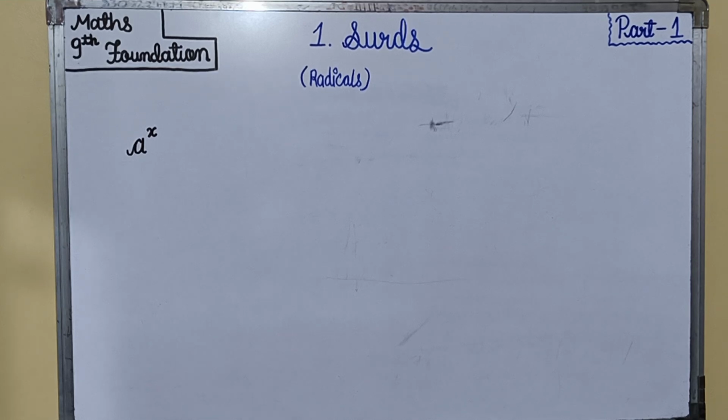And irrational numbers are the real numbers which are not rational. Means those numbers cannot be put in the form of p by q, where q is not equal to 0 and p and q are integers.